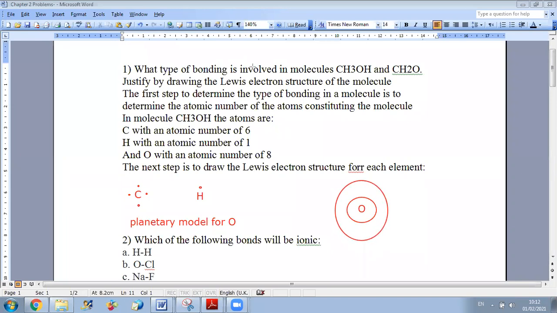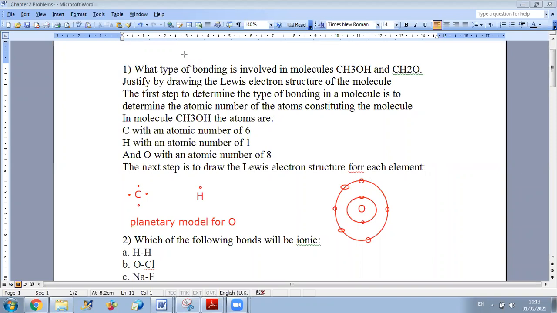So I have 2 electrons on the first, and the remaining number, 8 minus 2 is 6. So I have 6 additional electrons. And in general, they are equally dispersed on the orbit. Okay, so now I have these 6 electrons.